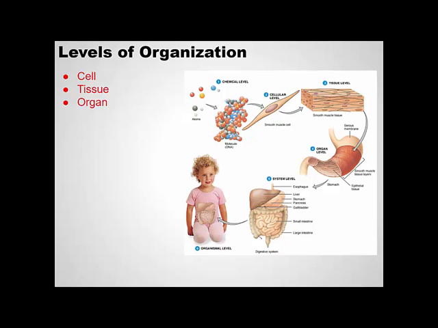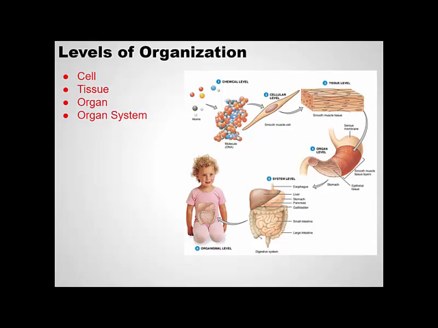For example, the stomach is an organ. It has some smooth muscle tissue, and some epithelial, sort of skin tissue as well. So it's another level of organization. And then those organs might work together. They form organ systems, like the digestive system, which is made of many organs working together to accomplish a task, to break down and absorb nutrients and food.